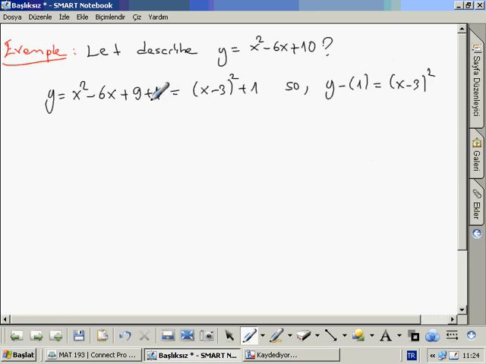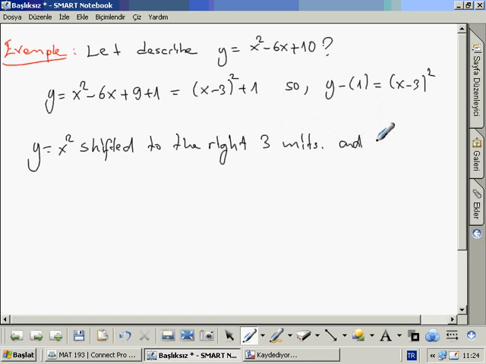So you can easily say y equals x squared is shifted to the right 3 units and up 1 unit.